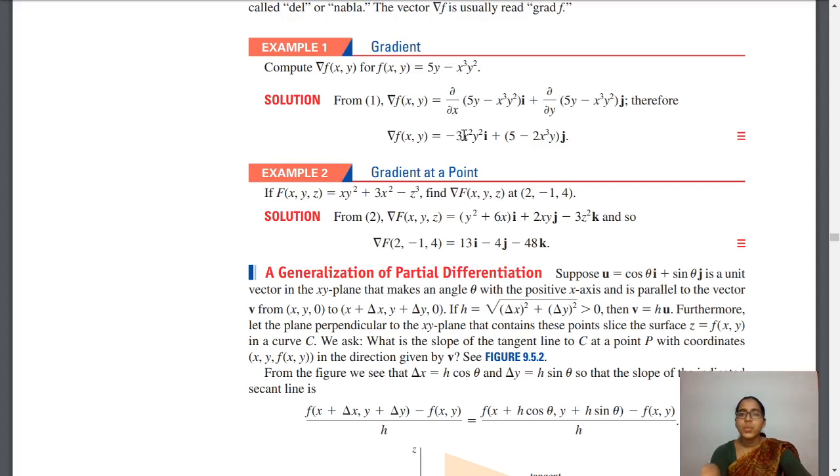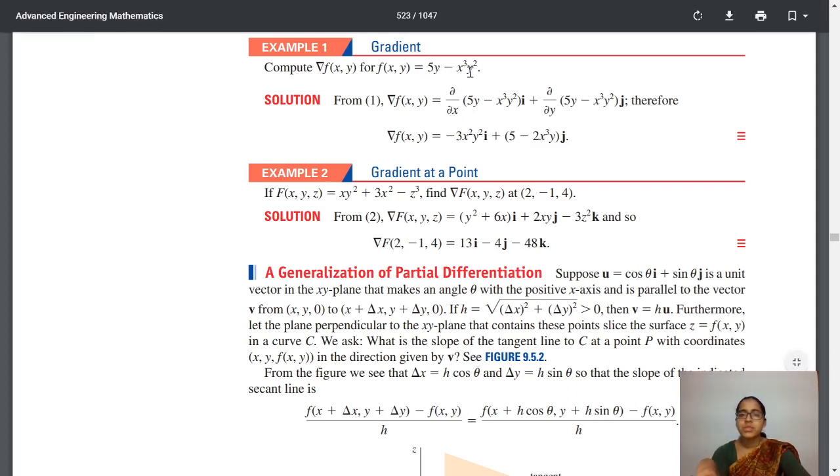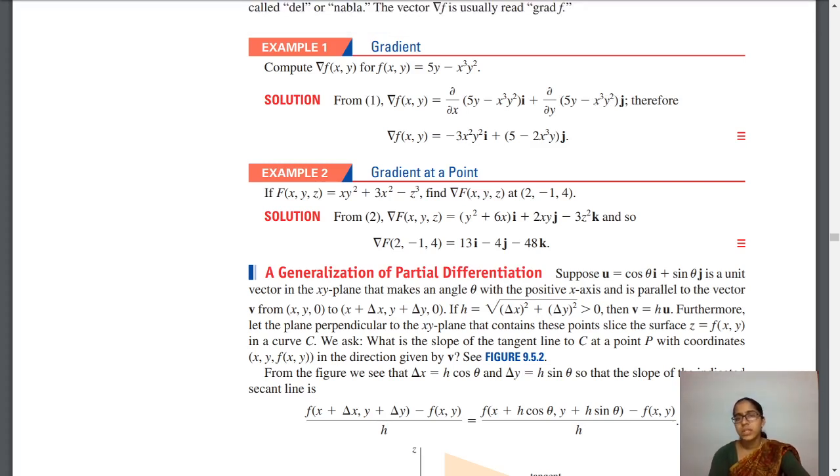This will be 0 and this will be minus 3x square y square, into i. Then ∂/∂y of f of x, y, that is 5y minus x cube y square, into j: we partially differentiate with respect to y, keeping x as a constant. It will be 5 minus 2x cube y. That's how we calculate the gradient.